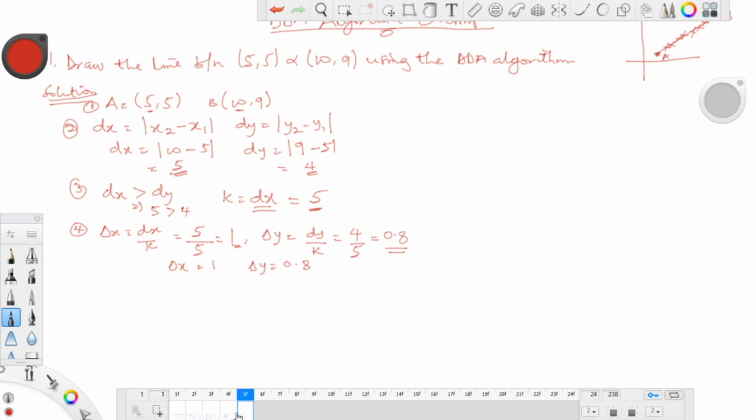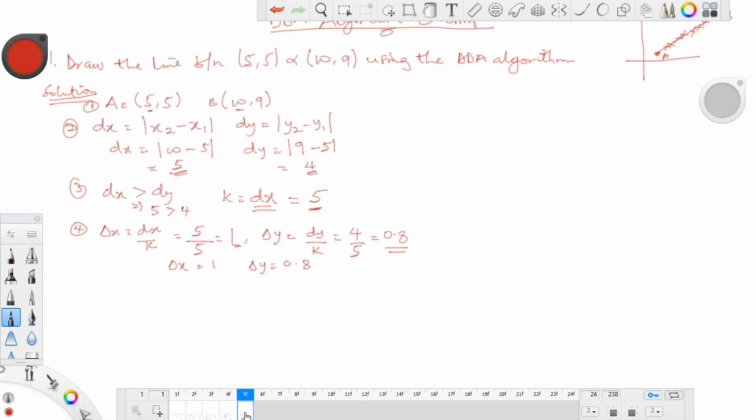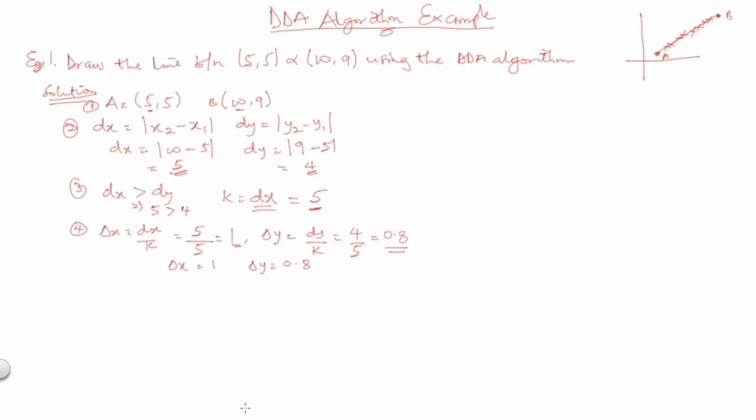Now that we have these, going to the algorithm, we are to initialize x equal to x1 and y equal to y1. After that we display the values that we get; this will be the first intermediate point. Now let's draw a line to help us in the calculation.